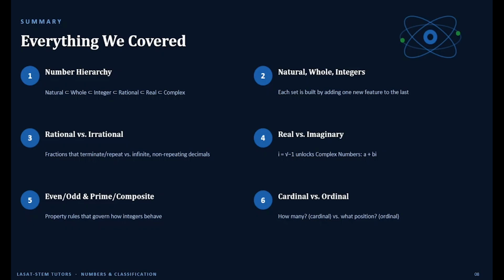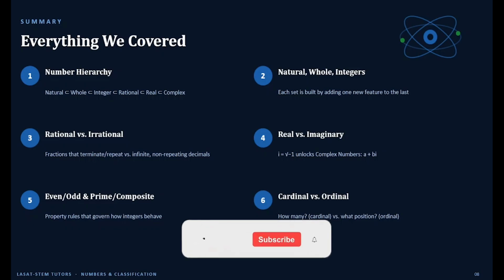The set increases as we go to complex numbers. And then we also saw the difference between natural numbers, whole numbers, and integers, and the difference between rational and irrational numbers. So I believe with all this, we have a good understanding of what numbers are and the types of numbers that we can come across.